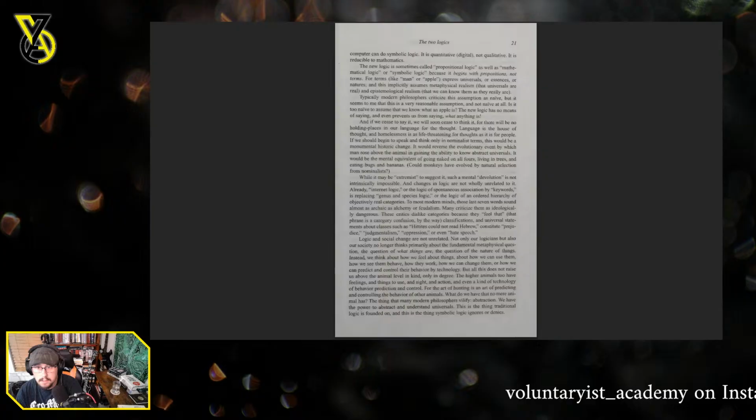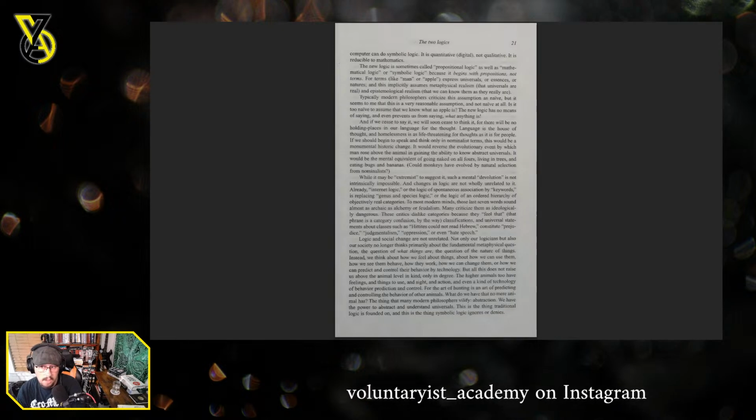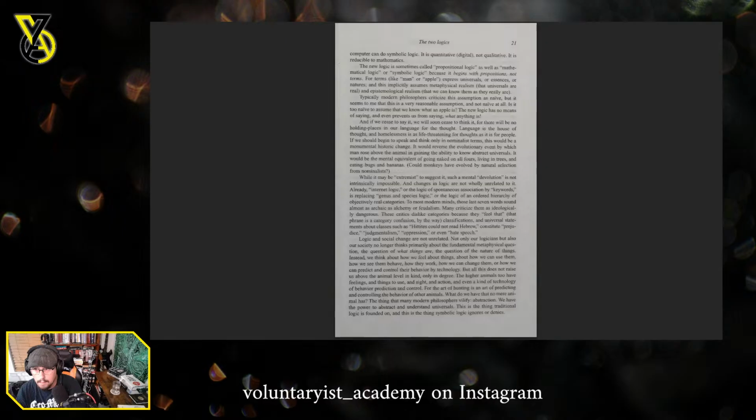Typically, modern philosophers criticize this assumption as naive, but it seems to me that this is a very reasonable assumption, and not naive at all. Is it too naive to assume that we know what an apple is?